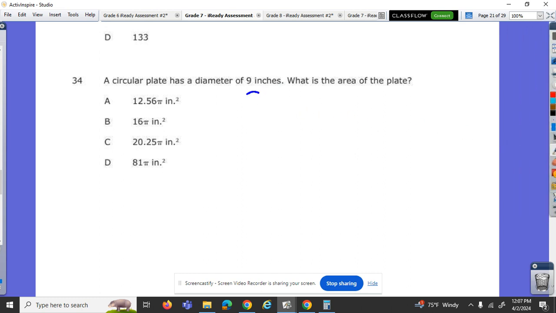All right, well, I'm going to first draw a circle, of course. Got a diameter of 9 inches. And we're looking for area, so we got to remember the formula for area, which is 3.14 times radius squared.